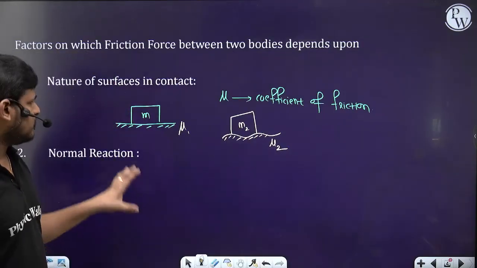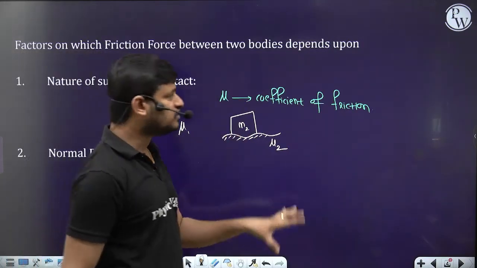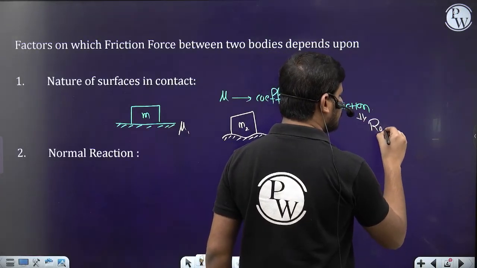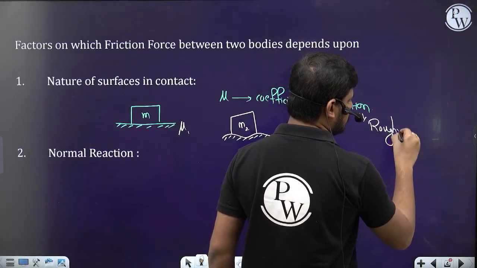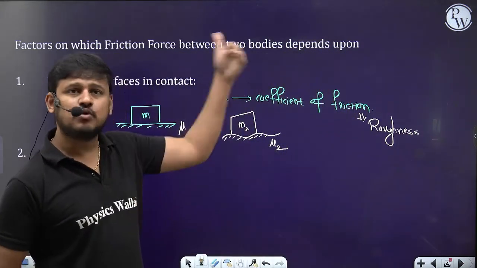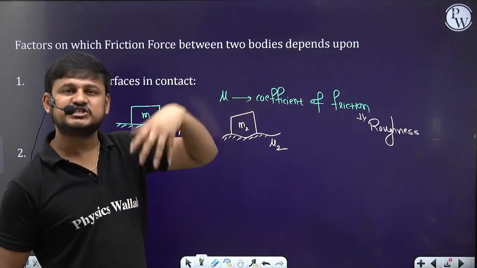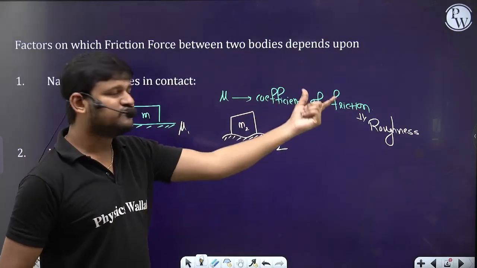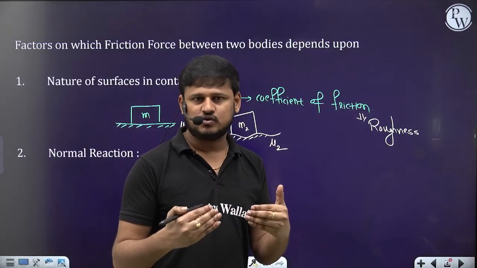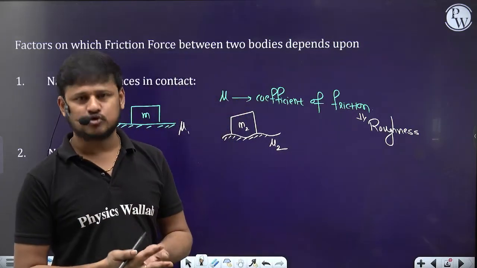This coefficient of friction tells us the roughness, how rough the surface is. If the mu is more, then we can say the friction is more. Yes or no? If the coefficient of friction is more, the surface is very rough and the friction is more. Yes or no?